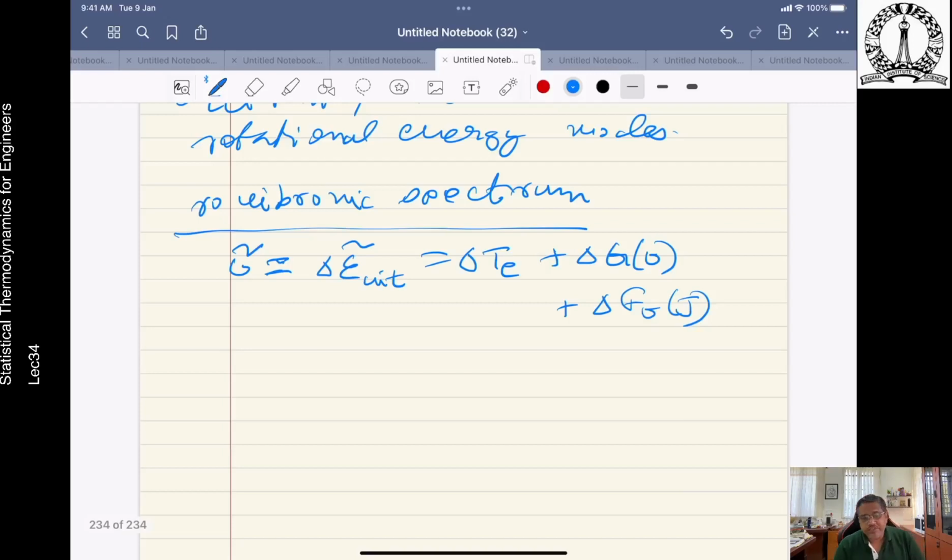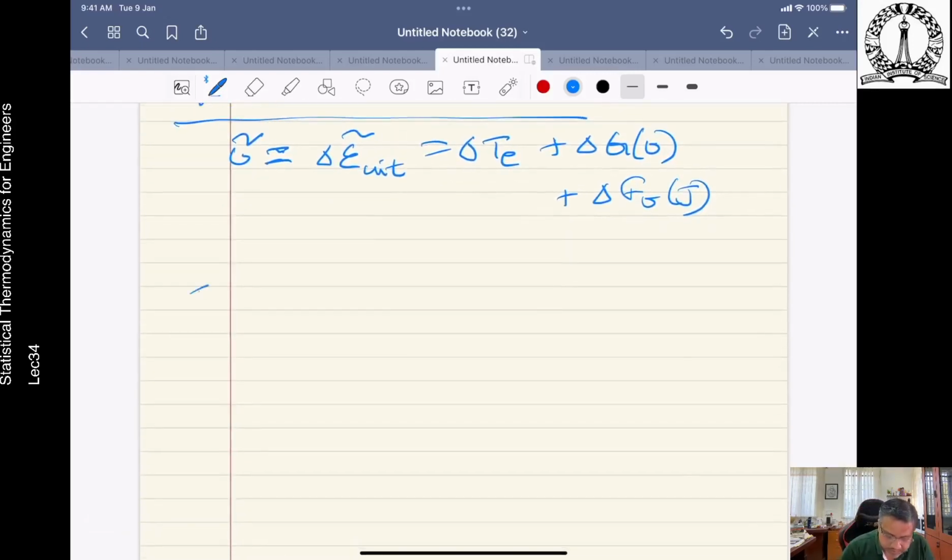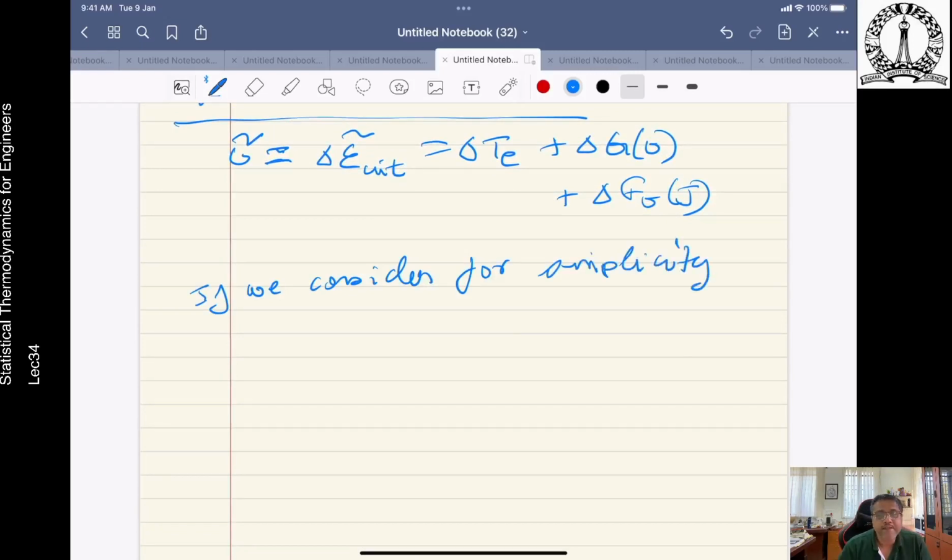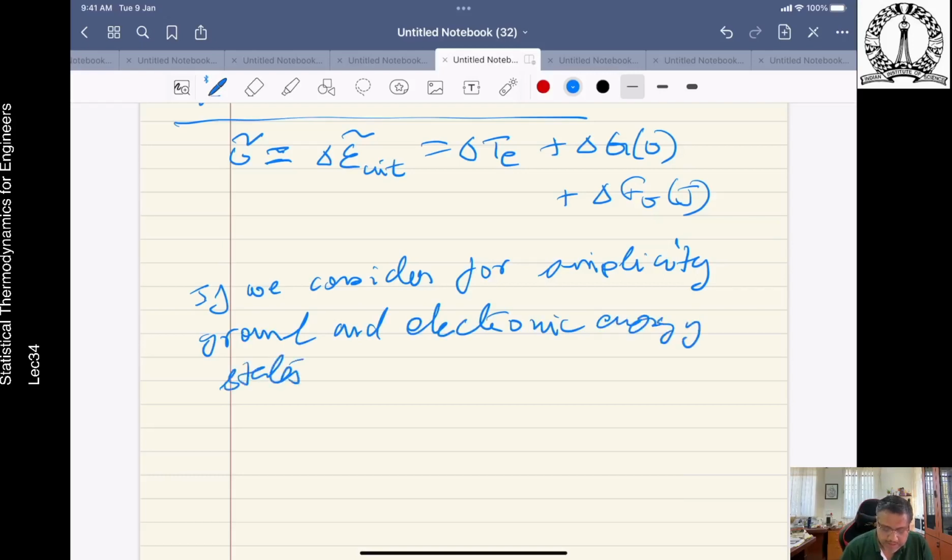So now we consider, for simplicity, the ground and excited electronic energy states of a diatomic molecule.